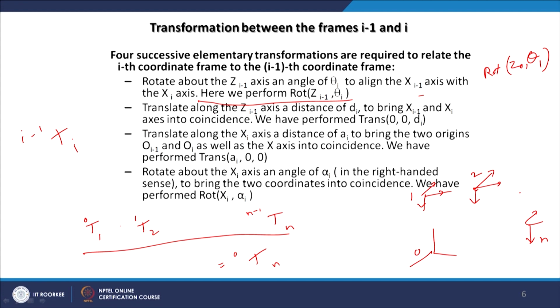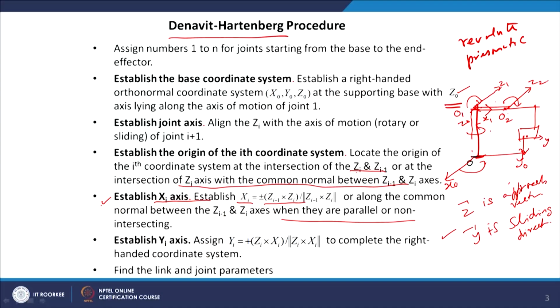Now, the second step: we make a translation of distance d1 along the z direction, that is, a translation 0 0 d1. Then this origin will coincide with this origin, and the x0 axis, which has already become parallel to x1, will exactly coincide with the x1 axis.